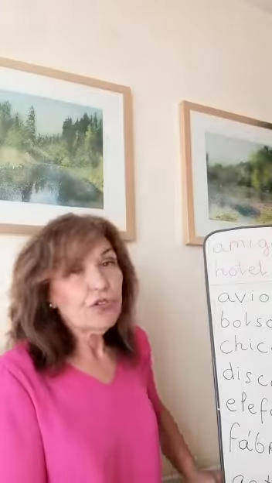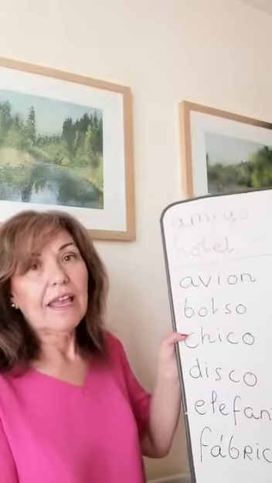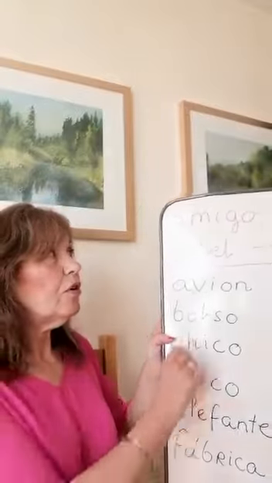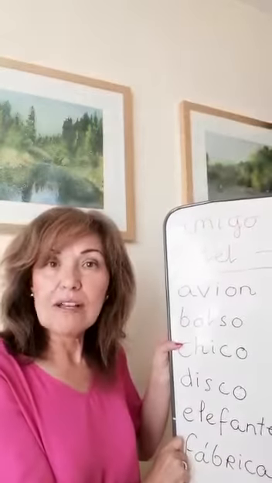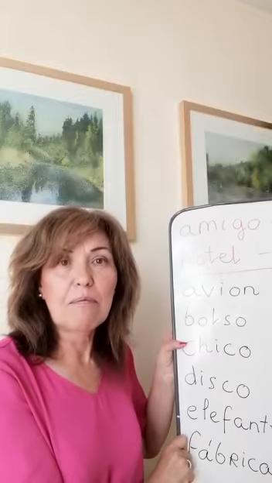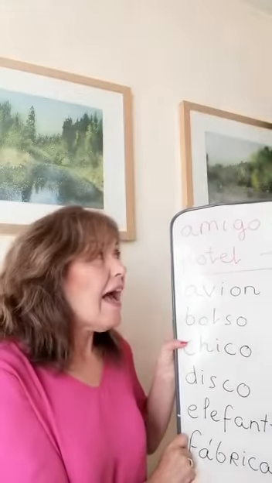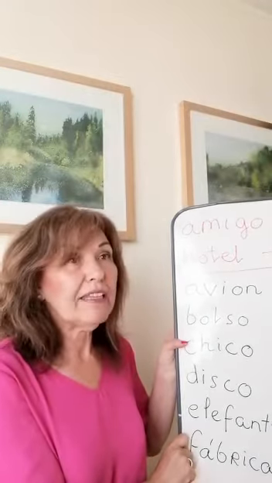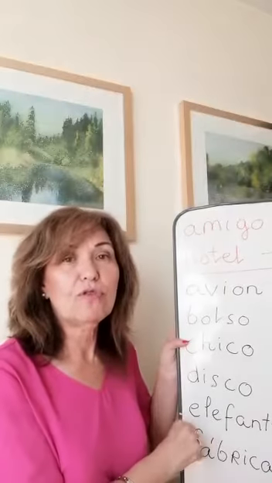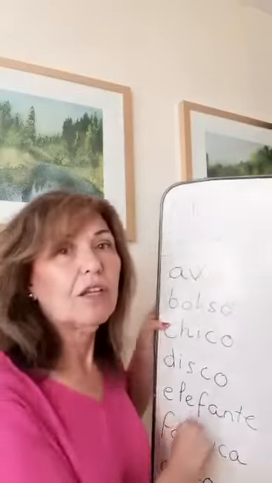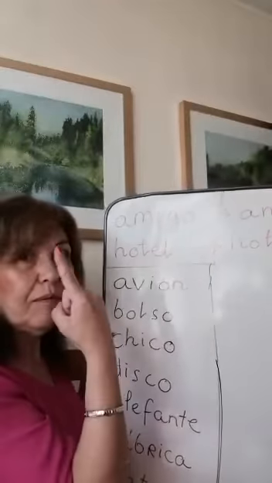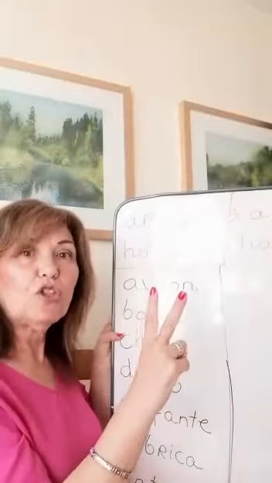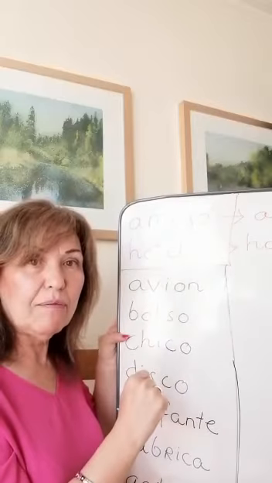So I'm just going to show you here a word that you all know very well, which is amigo, and that was friend, yes, as a male friend. And if you want to make that into plural, two friends, what you do is you add an S. So you have un amigo and you have dos amigos, two amigos.